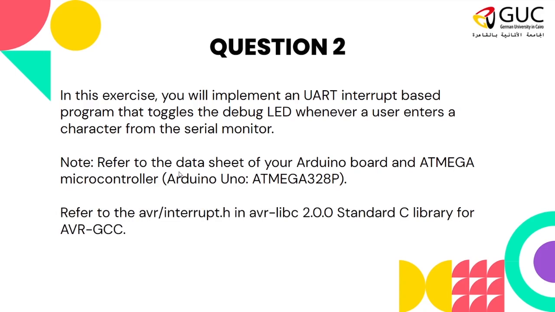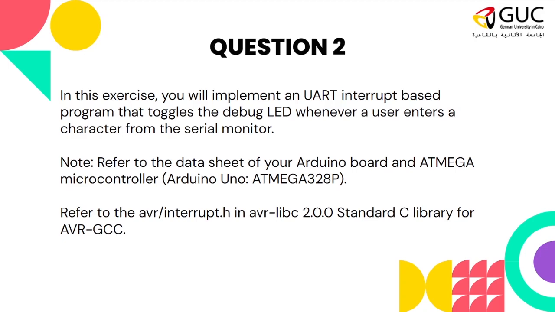The previous question was a UART program, but it was polling based, which means the program is on hold until we deal with our input and output from the serial monitor, and then we execute our code.